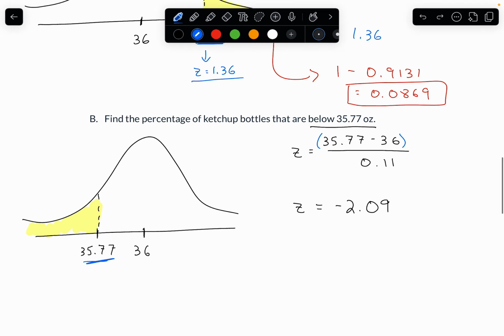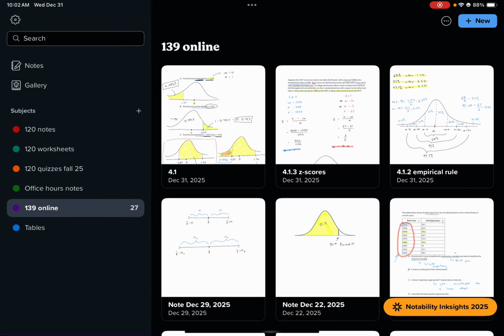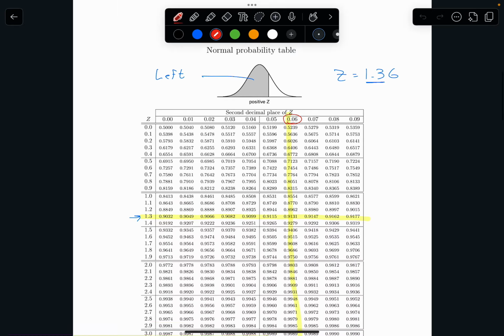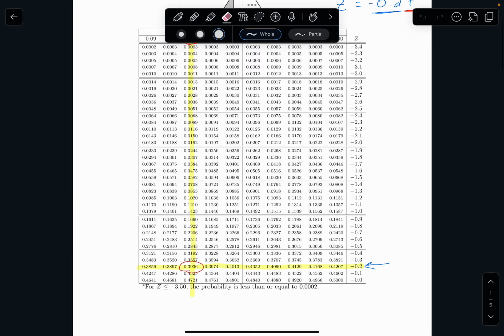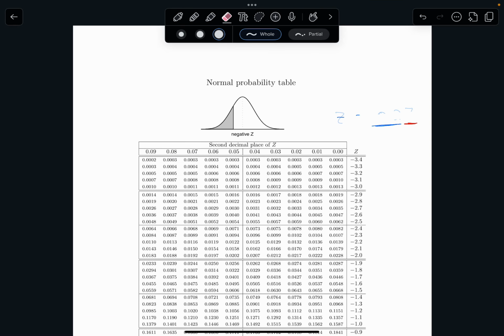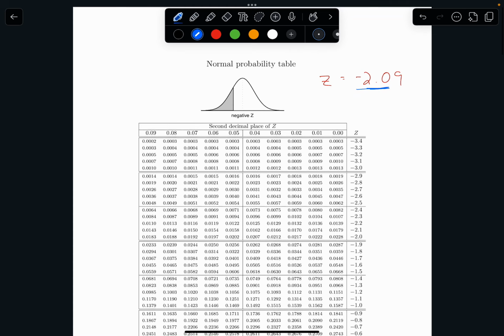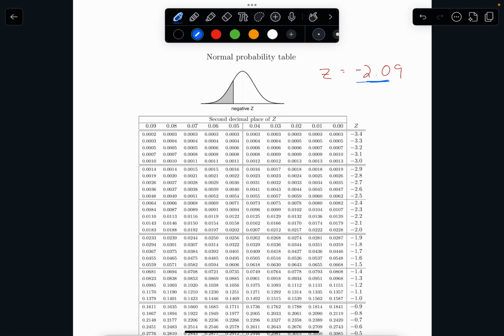At this point, we just want to find the area to the left of this value. So the area to the left of negative 2.09, we need our z-table. So let's scroll back up and let's erase so that we can start with a fresh, clean slate. We said this time around our z-score was negative 2.09. So here is negative 2.0. We must be talking about this particular row right here.